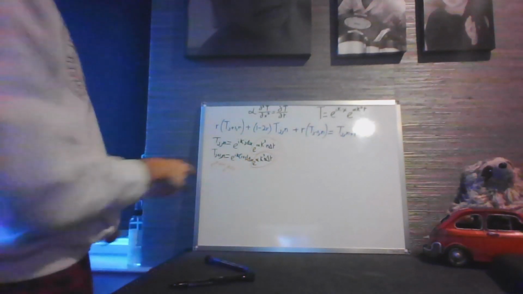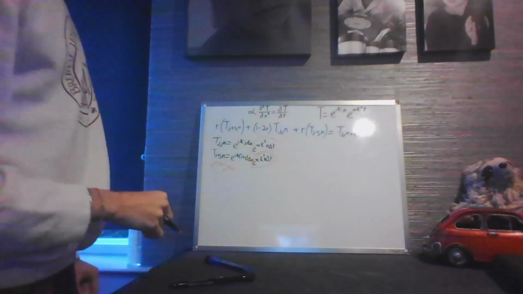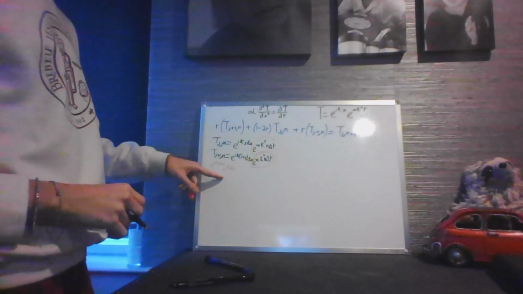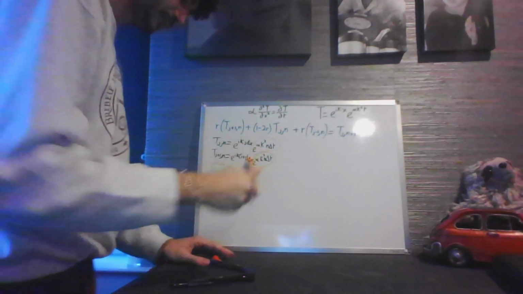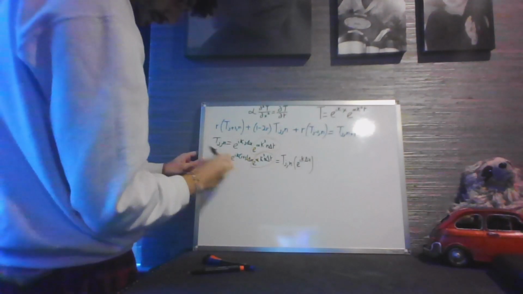Right? Notice e^(ik j delta x) is in T_j^n. So what we can do is simply equal this to this first one and only multiply it by this exponential. Right? So this T_{j+1}^n is now T_j^n multiplied by the exponential e^(ik delta x). Nice and easy.